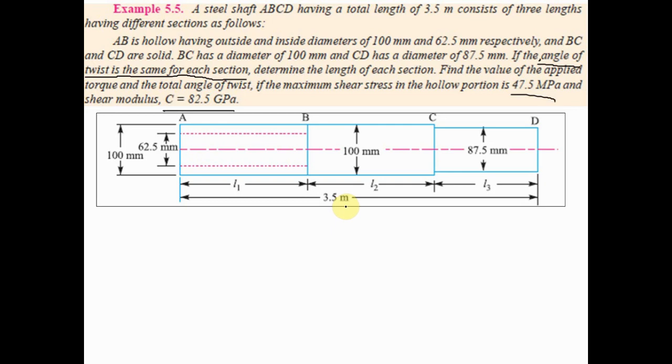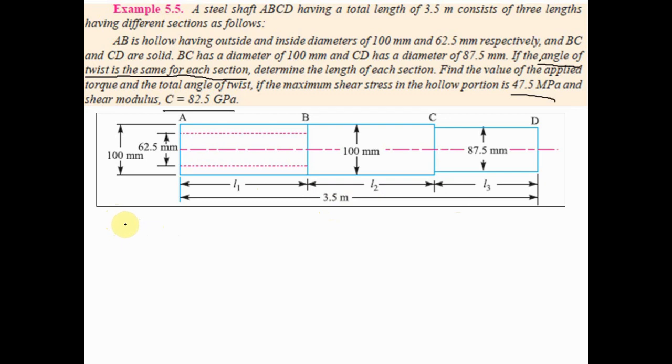First we need to find the individual lengths L1, L2, L3. So how do we proceed with this equation? First of all, we can find the individual polar moment of inertia for all three sections AB, BC and CD. So let's start.